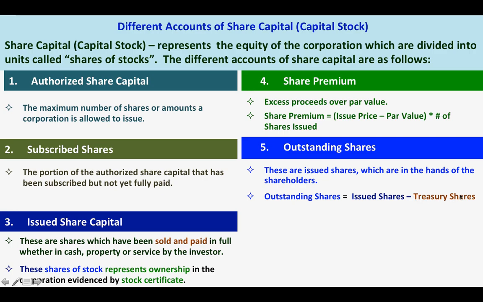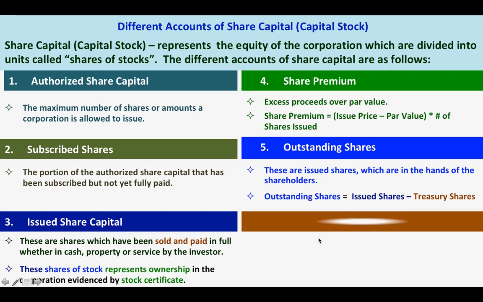So if there are no treasury shares, outstanding shares and issued shares should be equal. However, if there are treasury shares, we will deduct the treasury shares from issued shares, and that will be your outstanding shares. So what are treasury shares now?